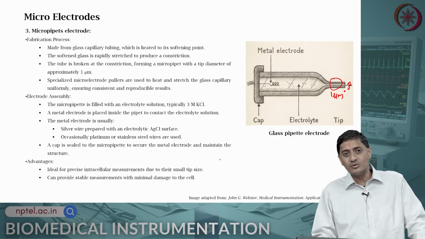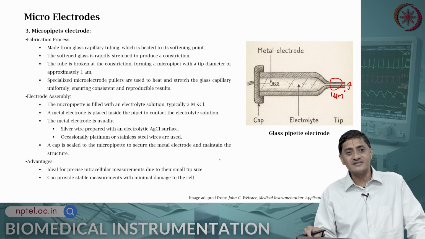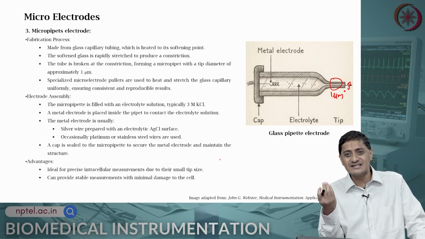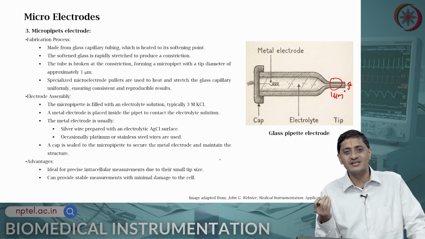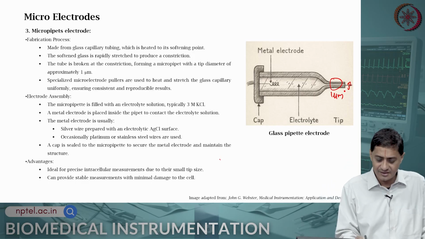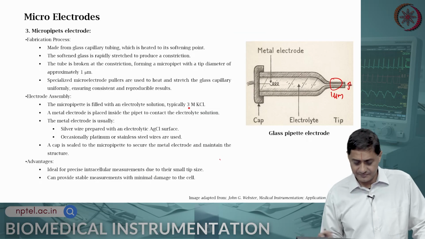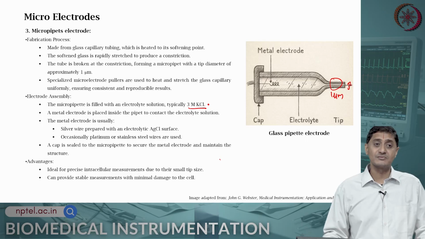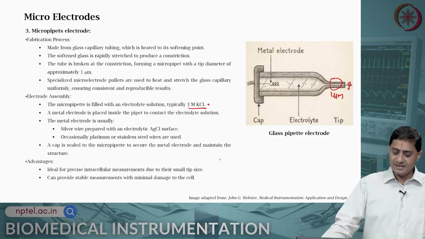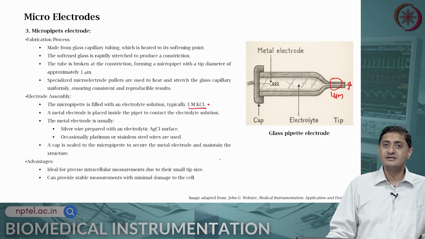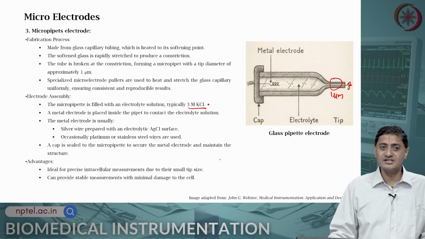Now, unlike the previous cases where you deposit metal itself, in this case you fill this hollow micropipette with an electrolyte, typically 3M potassium chloride, and then at the other end of the micropipette you place a metal electrode inside that is in contact with the electrolyte solution.